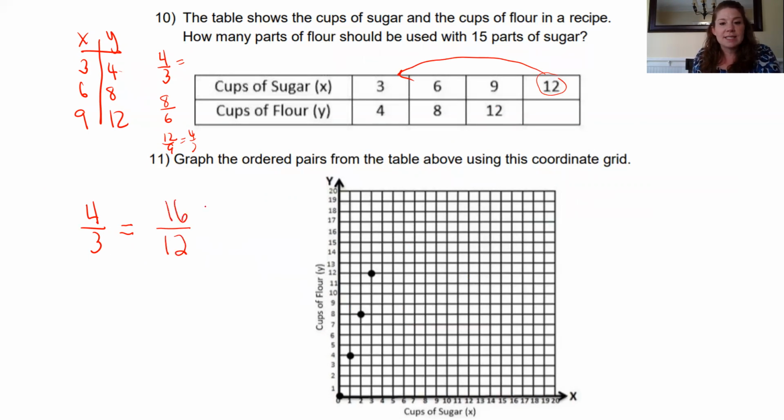That would be 16, right? So if I want to double check, if I multiply 3 by 1.333333, I should get almost 4. If I multiply 6 times 1.33333, I get 8. So 12 times 1.33333 is 16.